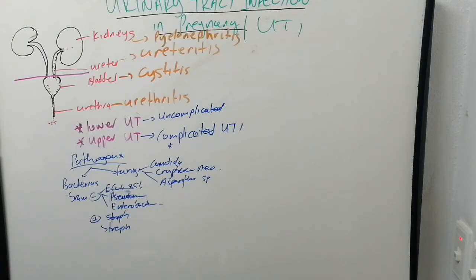The minute you move it to the urethra, it starts to cause problems. But it remains a normal flora of the GIT, right? So this is how UTI occurs, right?